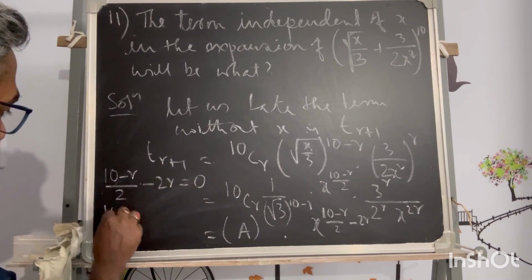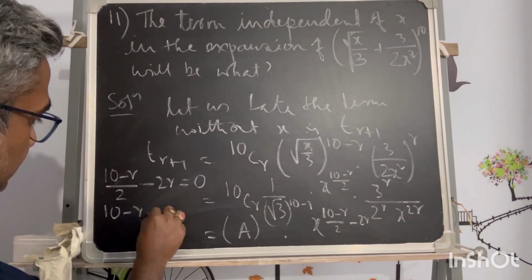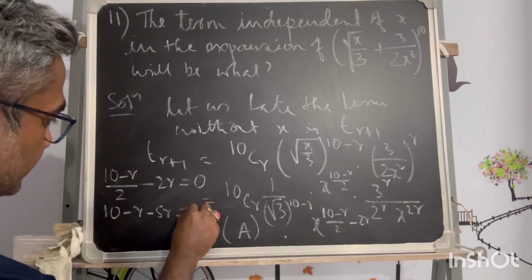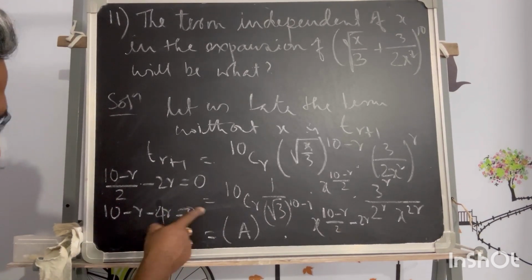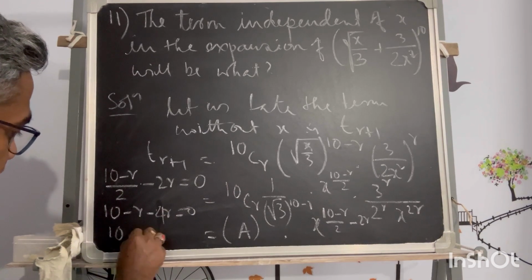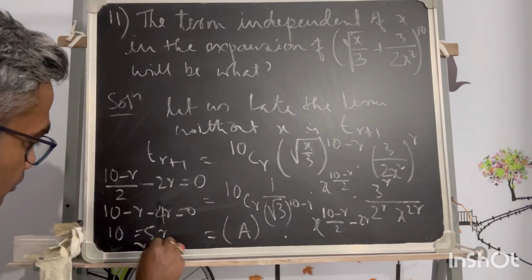So now from there we can solve it to get the value of r. So 10 is equal to 5r, so r is equal to 2.